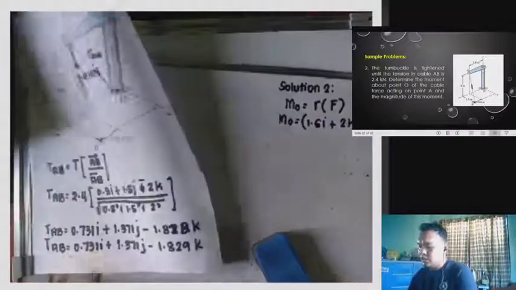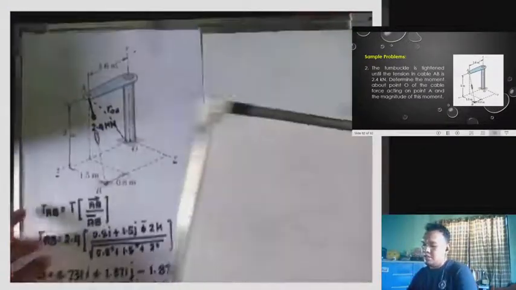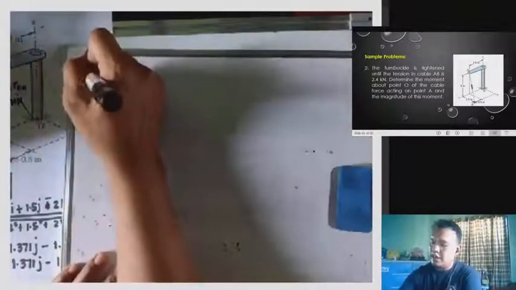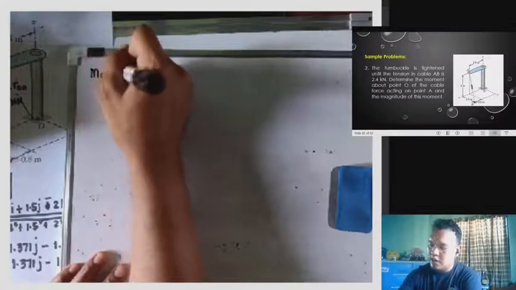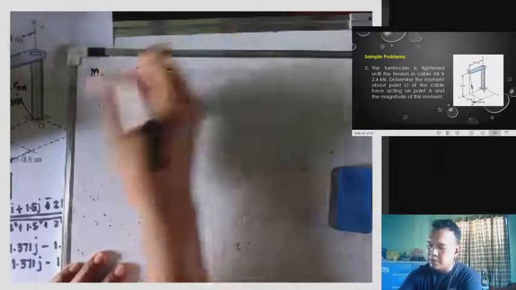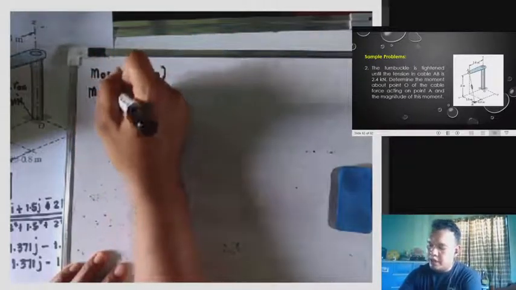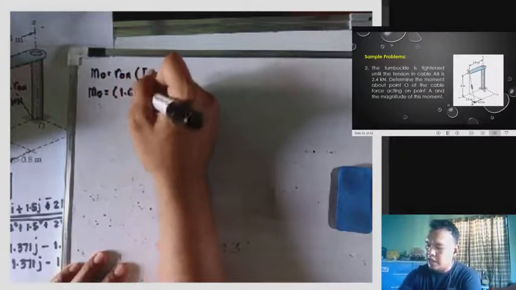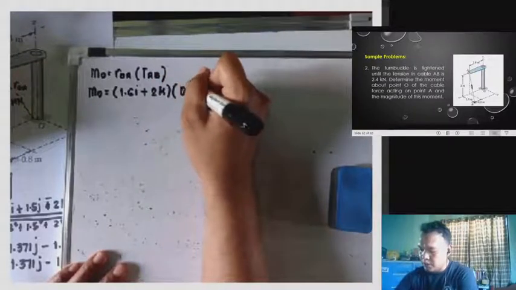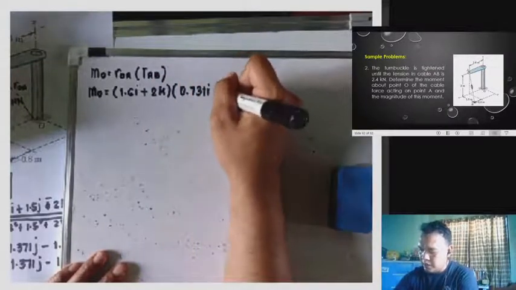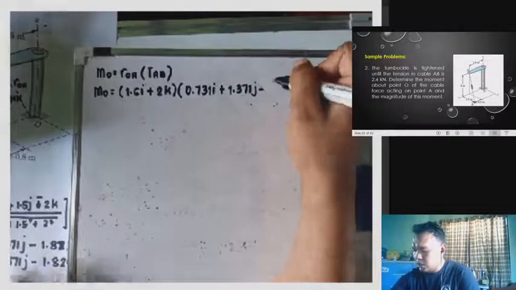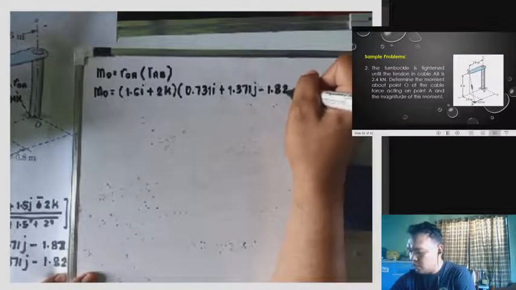So, basta, tandaan nyo kung anong value nito. Okay. So, we have here, MO is equivalent kay R_OA multiplied by T_AB. So, MO, ang R_OA natin ay 1.6i plus 2k multiplied by 0.731i plus 1.371j minus 1.829k.